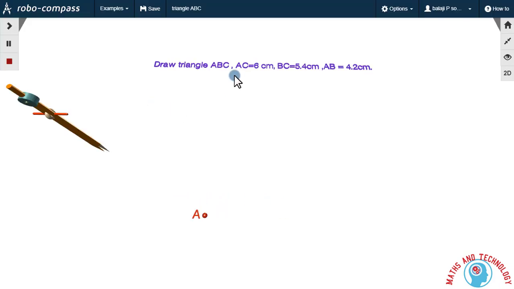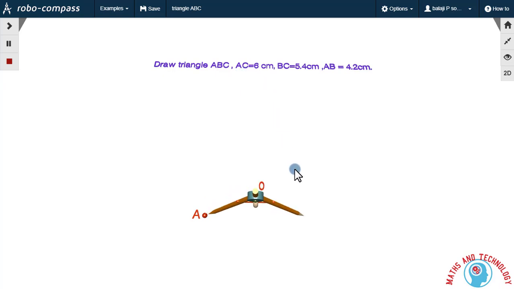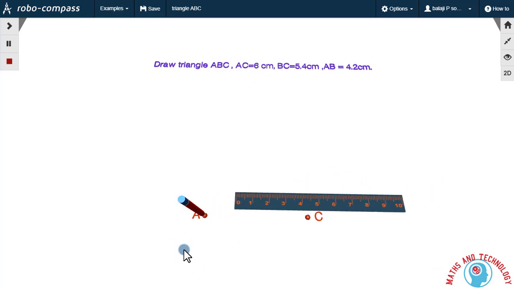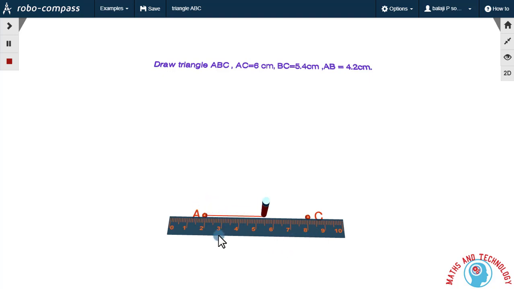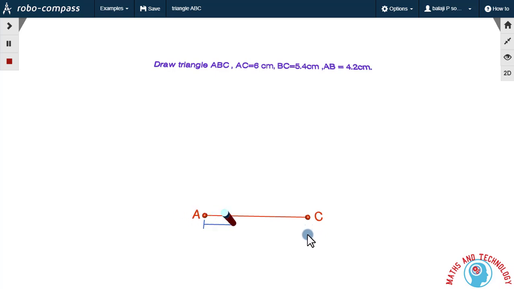Draw a point, take point A, then 6 cm, another point C, join point A and C with the help of scale. Then take a distance 4.2 in compass and draw an arc, then taking distance 5.4 in compass and draw another arc intersecting the first one.